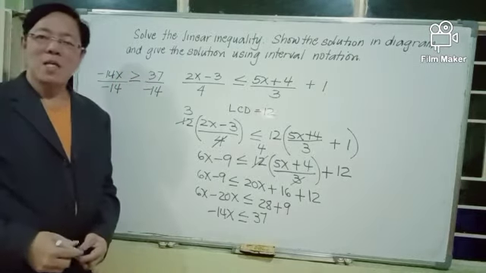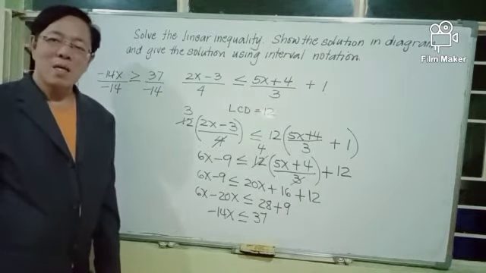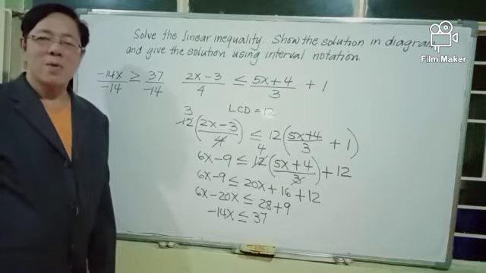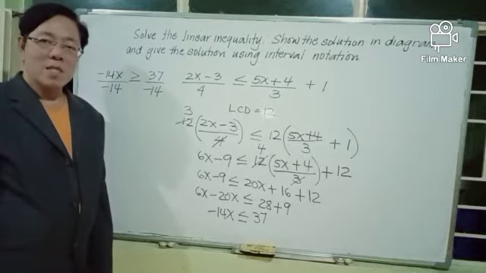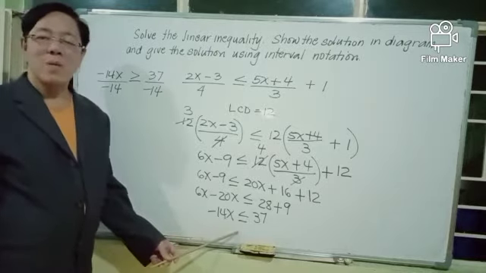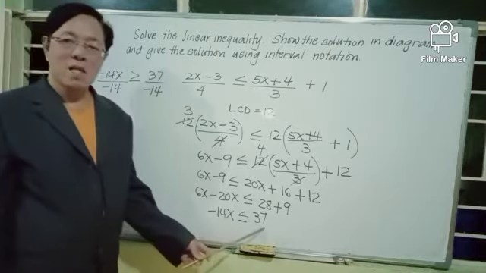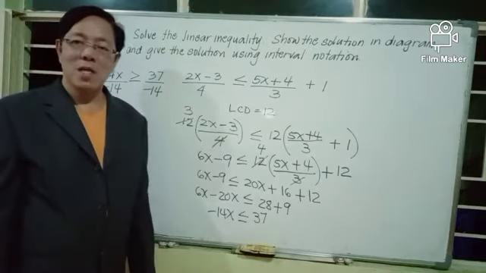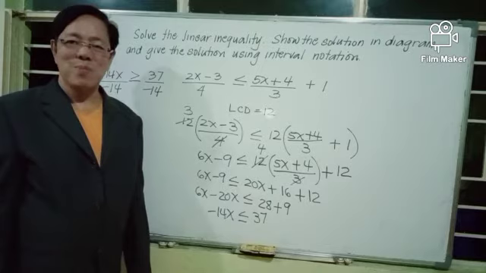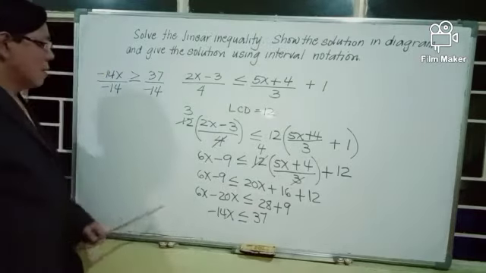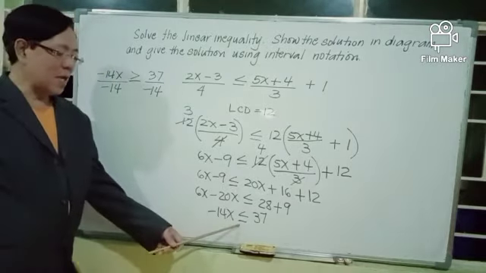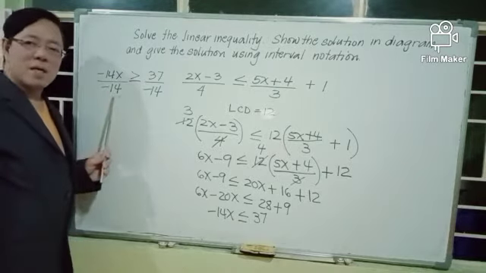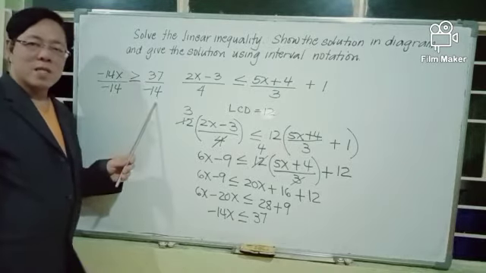So you remember, if you multiply or divide both sides of inequality by negative real number, that's the only time that the inequality sign will be reversed. As in this example, from less than equal to greater than equal to, because we divided by negative 14.